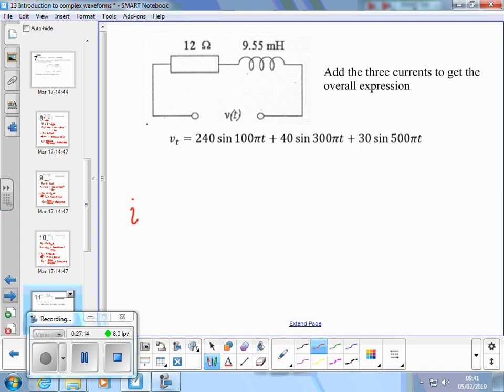We can now write i at time t is equal to, and then we need the amplitude of the fundamental, which was 19.4 sine, open the brackets, 100 pi t minus the angle associated.